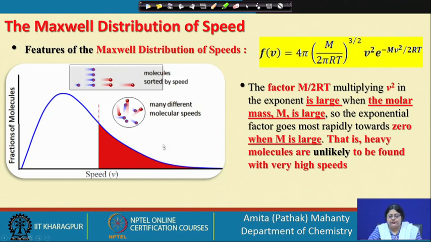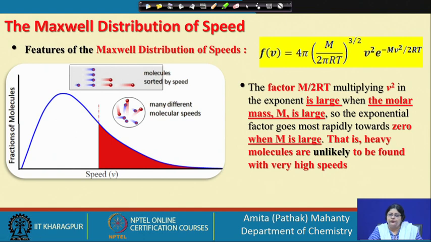Okay. Because here you are multiplying m by 2 kT into this, and this is an exponentially decaying term, right. If you have larger values, the decay will be faster. So, if you have a larger value, the exponential approaches 0 very rapidly.